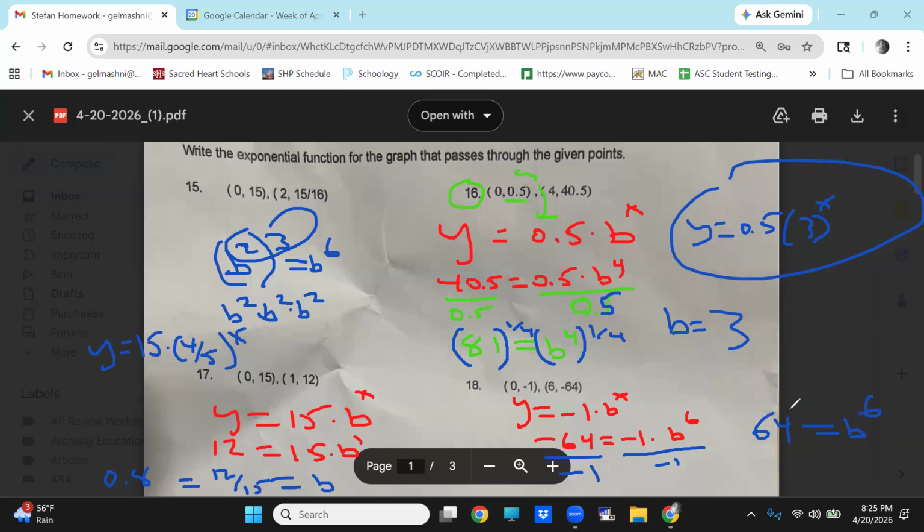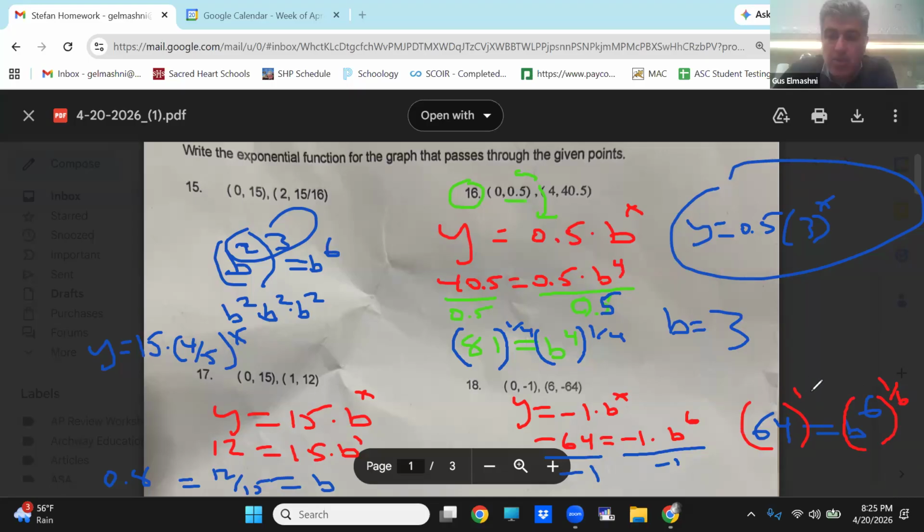Just like we did for number 16, what do I raise both sides to? One over six. Yeah, 1/6. Now use your calculator. Tell me what you get for 64 to the 1/6 power.